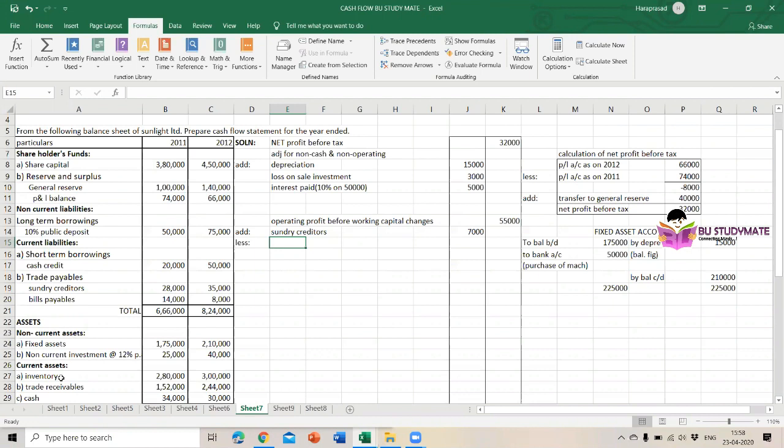So how much is it increasing? From 2 lakh 80,000 to 3 lakh 20,000 rupees.